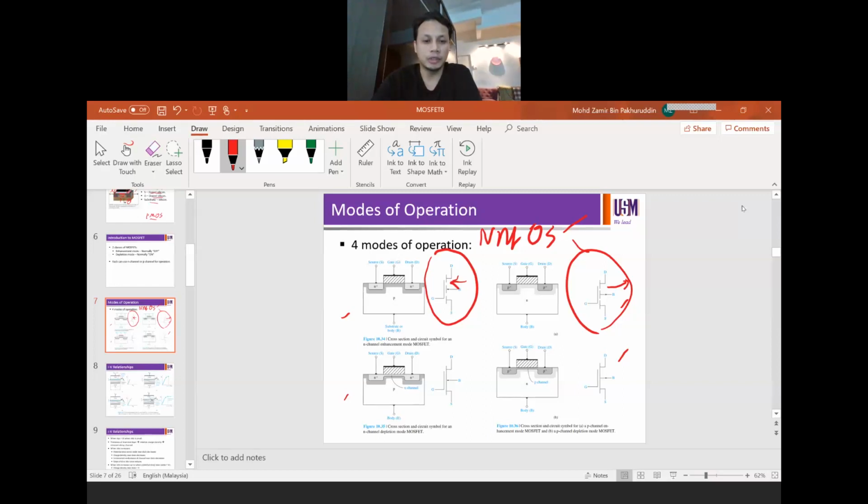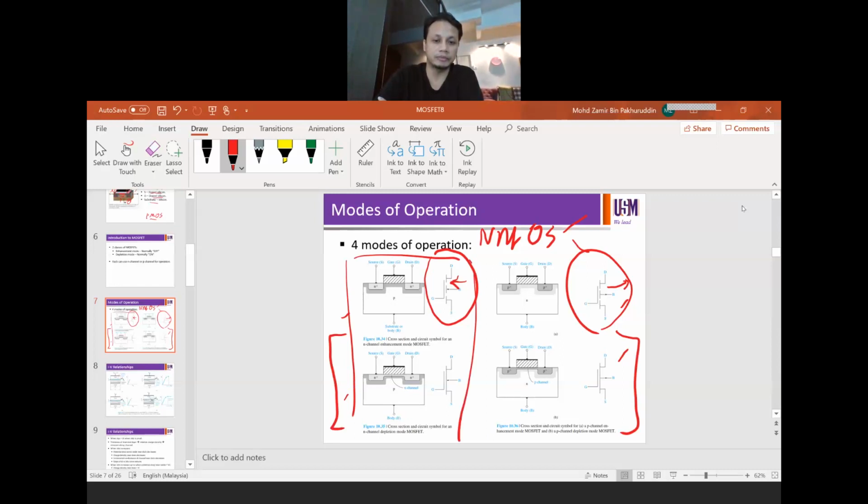How do you spot it? Let's see the difference between N channel depletion. Now let's see down here. What's the difference? They are both depletion. Okay, sorry. Let's look at this group. What is the difference between N channel enhancement and N channel depletion?